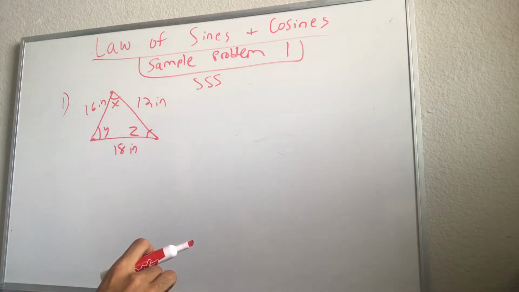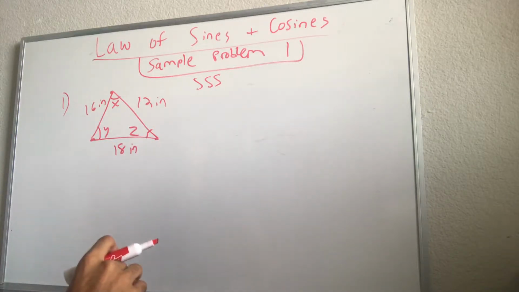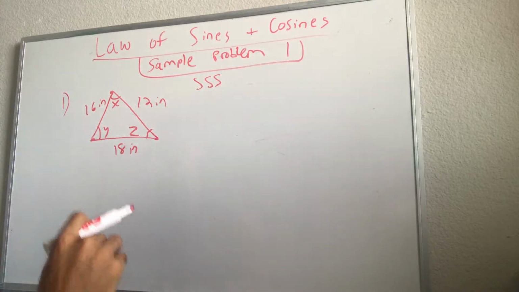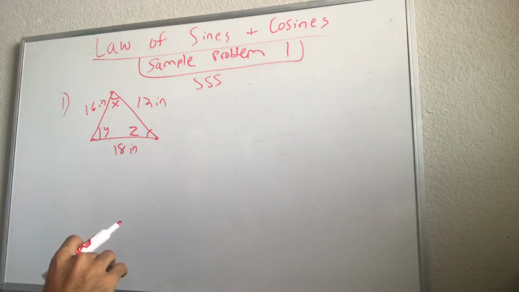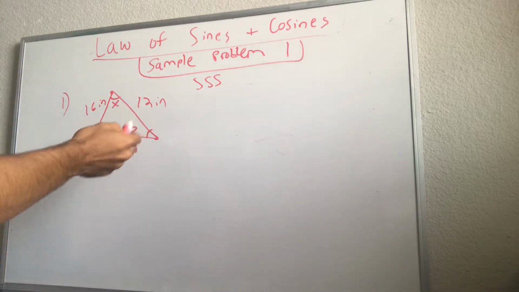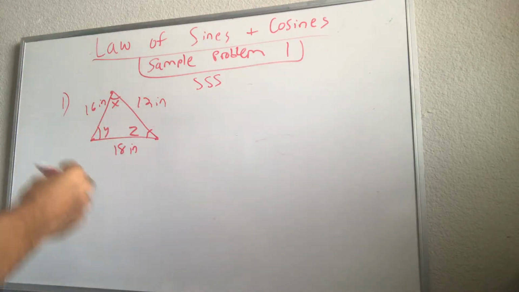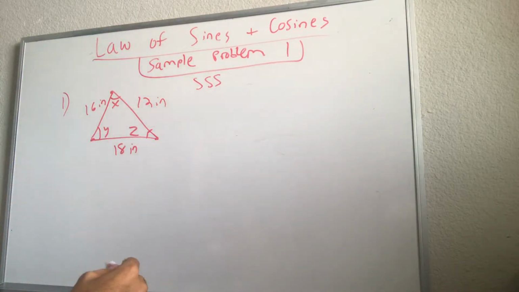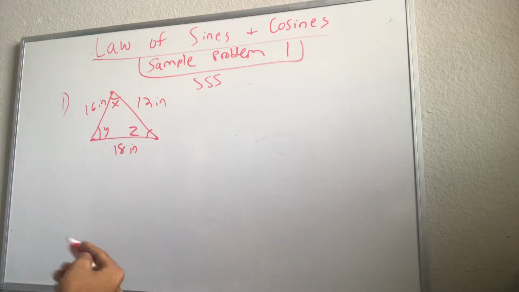So the first step here, if you haven't heard of this already, you always want to look at the smaller sides. So here we know the two smaller sides are 12 and 16. If you do recall, it was a rule that states that the sum of the smaller sides, in this case 12 and 16, must be greater than the larger side in order for this to be a triangle.